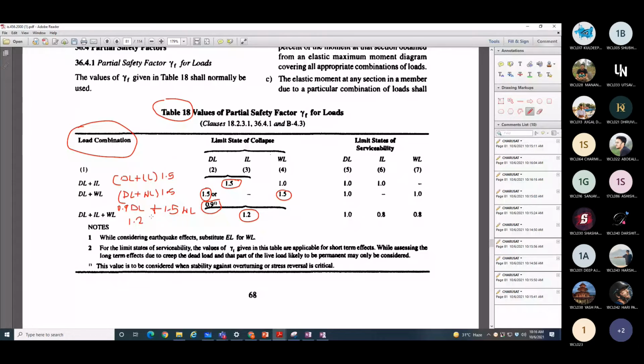So basically there are four load combinations that we require to do for the wind load analysis: dead load plus live load 1.5, dead load plus wind load 1.5, 0.9 dead load plus 1.5 wind load, and 1.2 dead load plus live load plus wind load. Clear everyone?